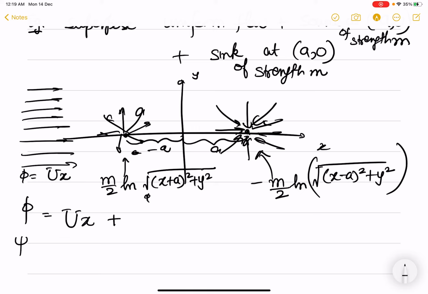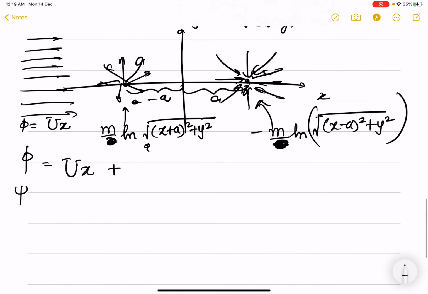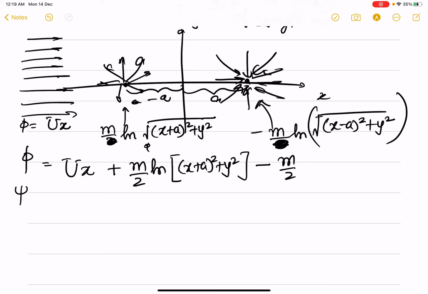Actually, I made a slight goof up here. I wrote m by 2 but it should have been just m. It is m log r. The 2 comes when I remove the square root away. I just did a mental calculation a bit too fast. So phi is equal to u x plus m by 2 log of x plus a whole square plus y square, minus m by 2 log of x minus a whole square plus y square. So this is how we superpose the phi's.